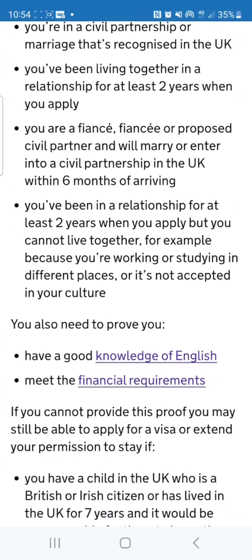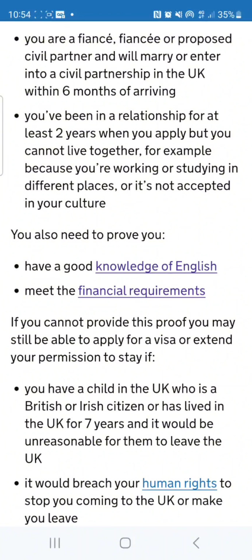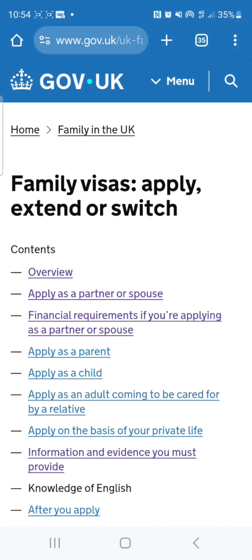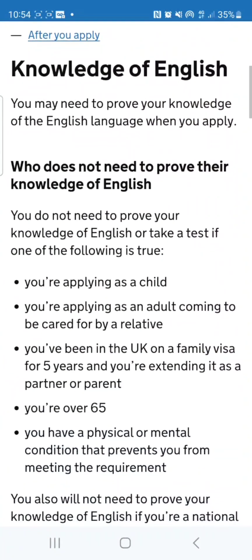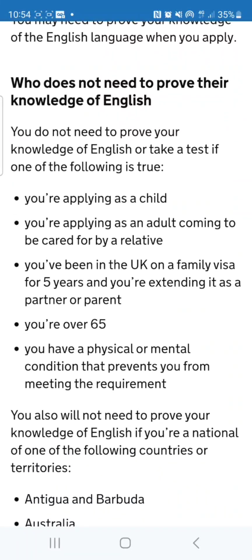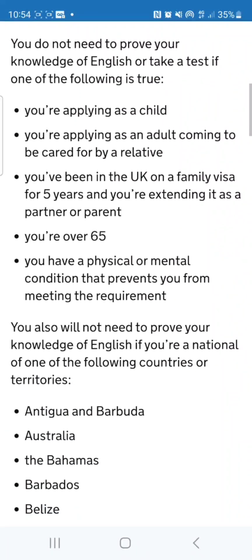After that, you get a certificate from the UK registered marriage ceremony, wedding registration. You also need to prove you have a good knowledge of English and meet the financial requirement. What is the knowledge of English requirement?